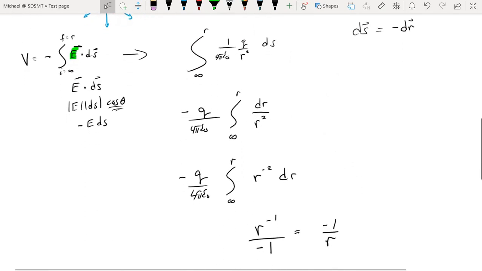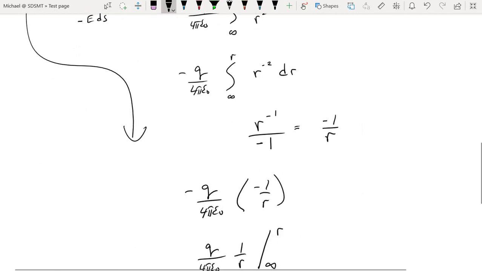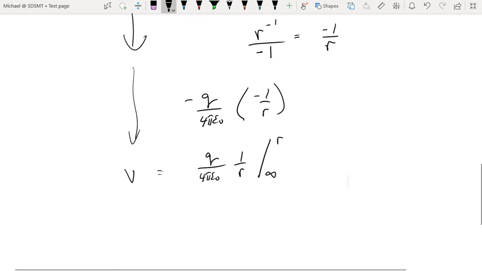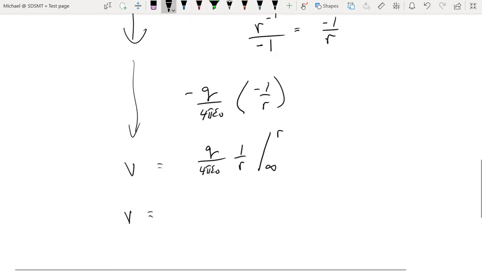Keep in mind everything on the left should equal the final potential value that we're trying to get. And so now we plug in our limits. Our limit at R is just the term that we have in front of us, Q over 4 pi epsilon naught, 1 over R, minus everything evaluated at infinity.